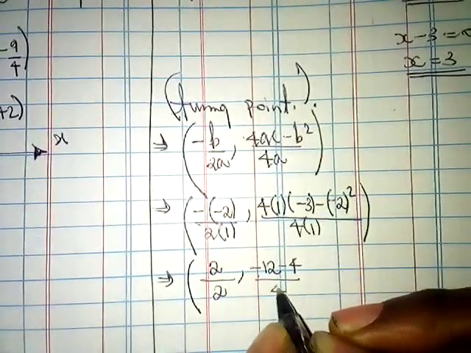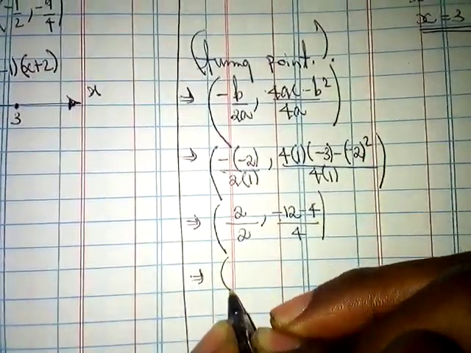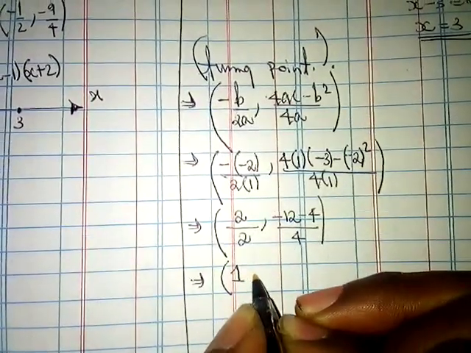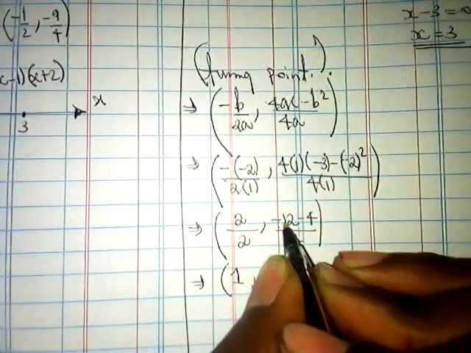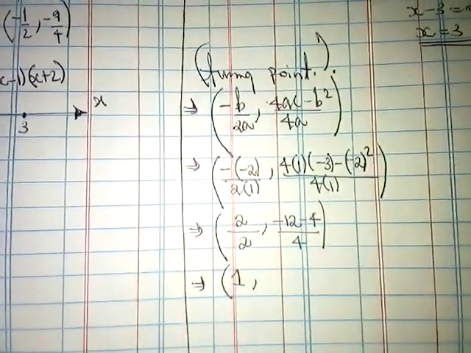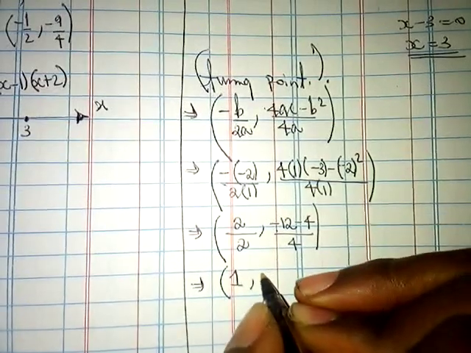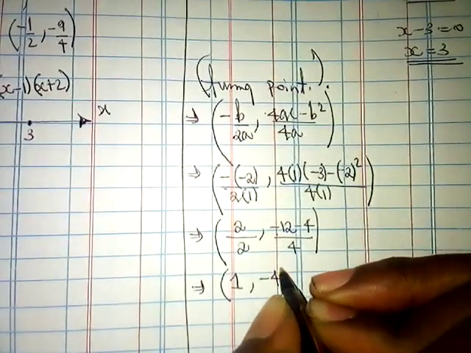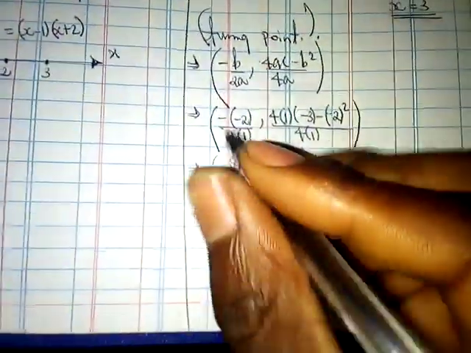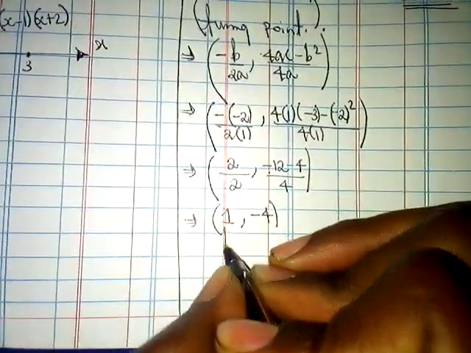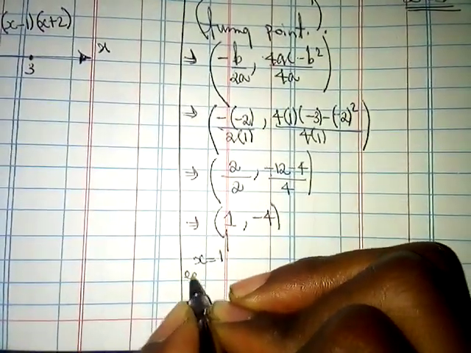4 times 1, 4. So this is going to be 1. Negative 4, because negative 12 minus 4 is going to be negative 16. And negative 16 divided by 4 is just going to be negative 4. Just a recap: x is equal to 1 is our equation of symmetry.